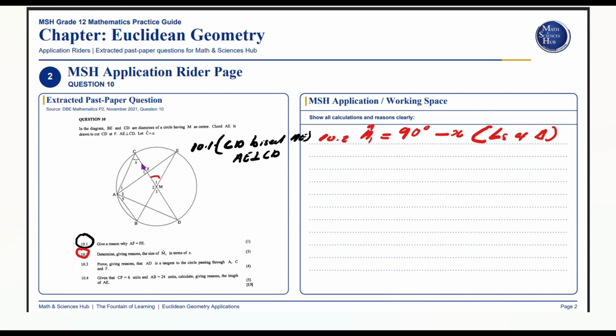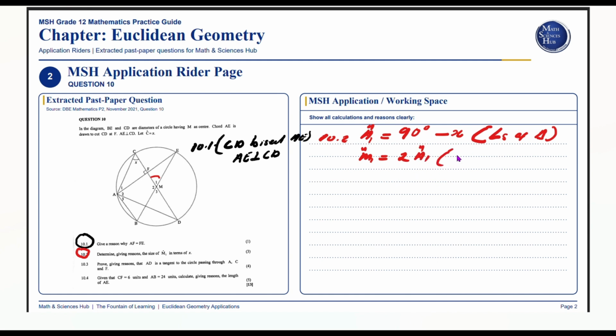We know that angles of a triangle sum up to 180 degrees, but we already know that this angle here is 90 degrees, so we have already taken out that angle. Now it means angle A1 and angle X equal 90 degrees. But then angle A1 equals 90 degrees minus X. Therefore angle M1 equals twice angle A1.